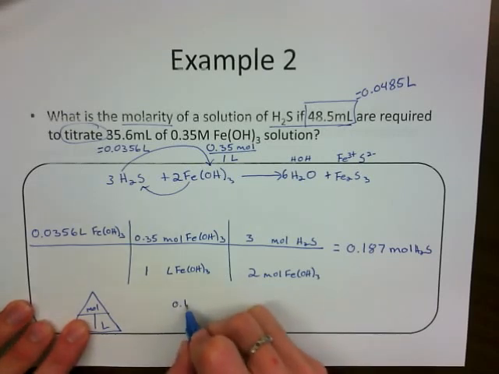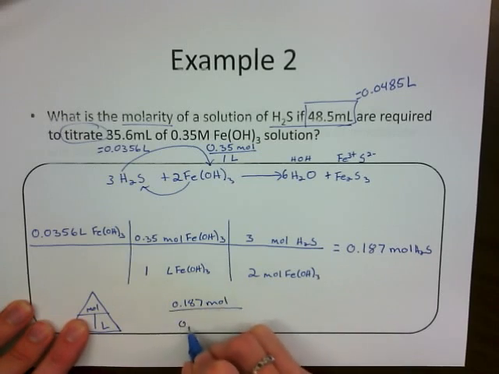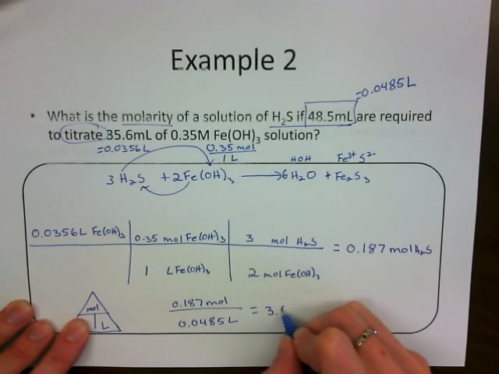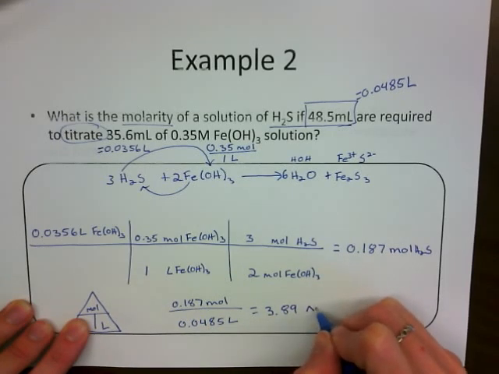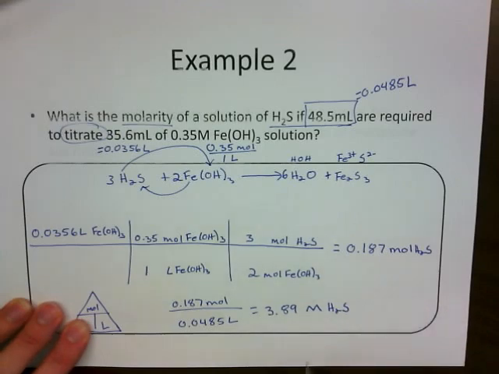So I'll do 0.187 moles divided by 0.0485 liters and end up with 3.89 molar hydrosulfuric acid as my answer.